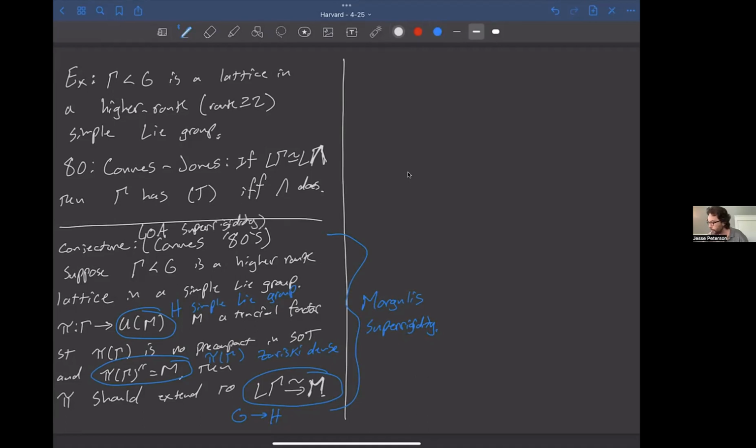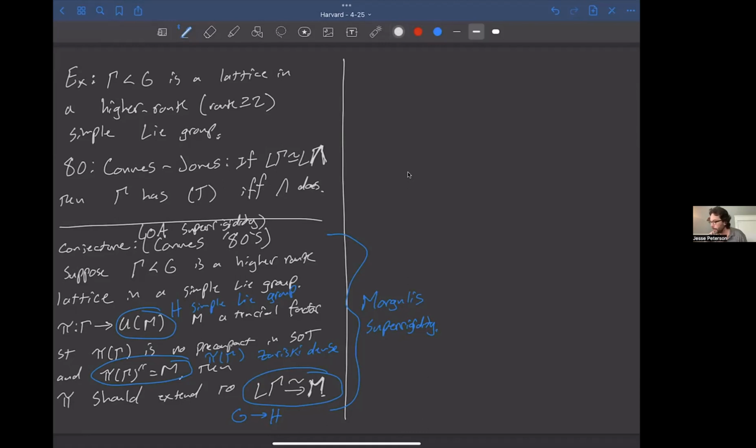And then there's another conjecture he made, called property T superrigidity, which is still open to this day. But this conjecture is quite a bold conjecture because at the time there was not a single example of a group or a lattice gamma in G for which this was known to be true.